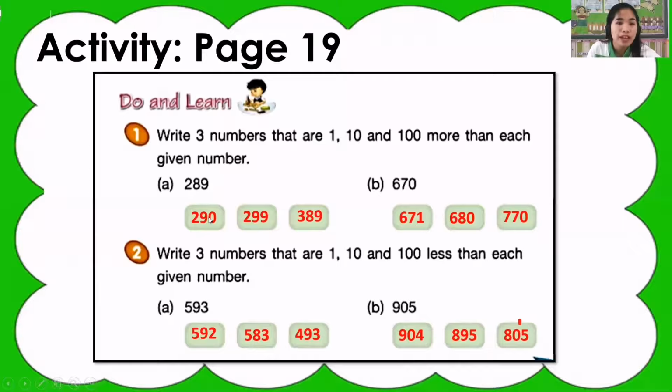If you will add 289 plus 10, that is 299. So you are going to write on the second box. And the last one, if you will add 289 plus 100, that is 389. Okay, so please copy this one. Write on your book.